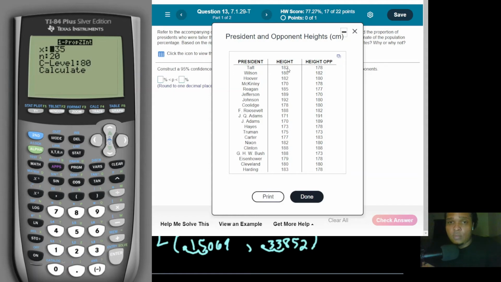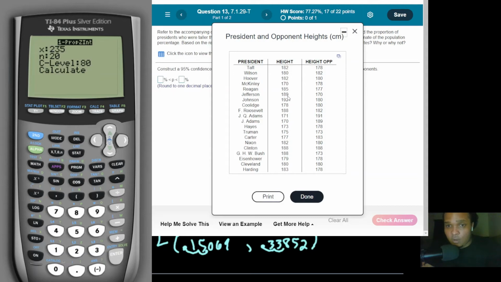So if this height over here is larger than the height over here on the right, then we're going to tally. We're going to say that that's 1, and we're going to just jot it down. So this is 1. That's taller. 2, 3. Remember, I'm comparing both of these numbers.